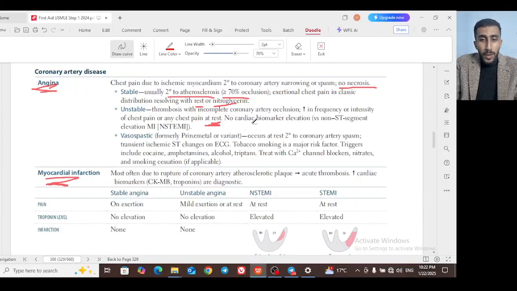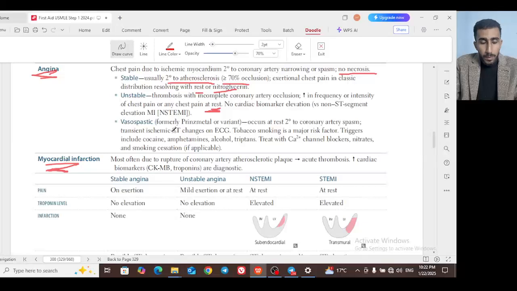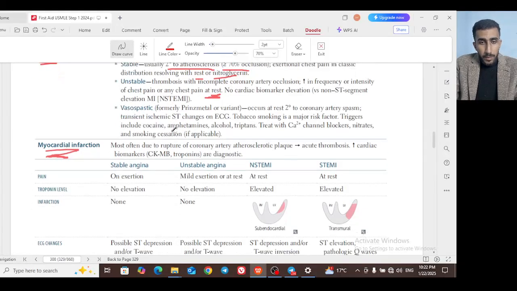But you have to make sure that there are no elevated biomarkers of myocardium, such as troponin and CK-MB. This is versus non-ST elevation myocardial infarction, non-STEMI, where there is elevation of biomarkers of myocardium.